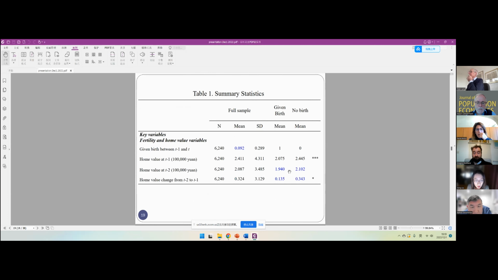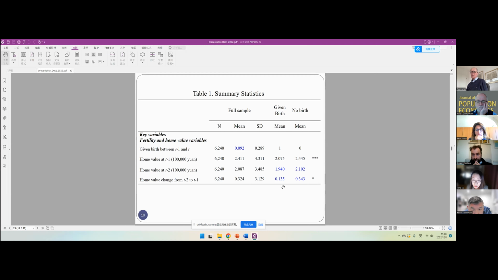So this table shows the summary statistics for the key outcomes and key variables. We can see that about 9.2% of women gave birth during the previous 2 years, that is, between two waves. The baseline home value did not differ between the two groups who gave birth or not.